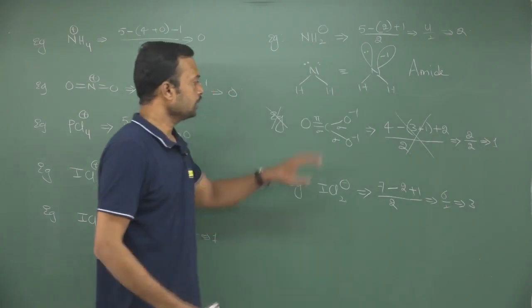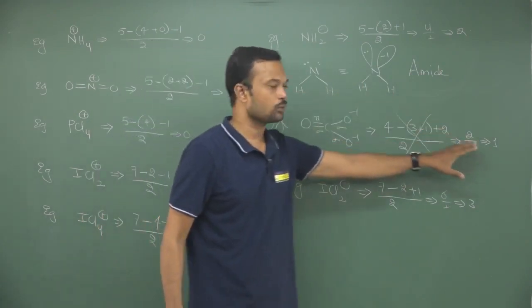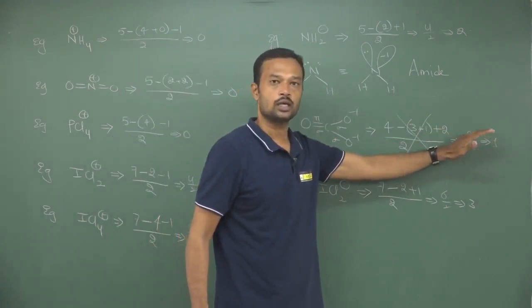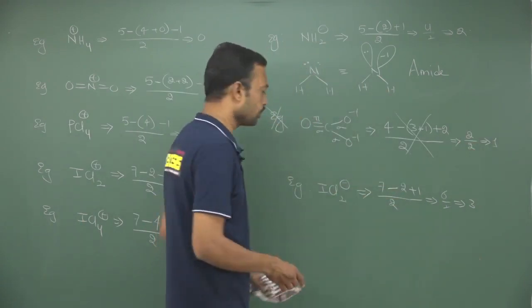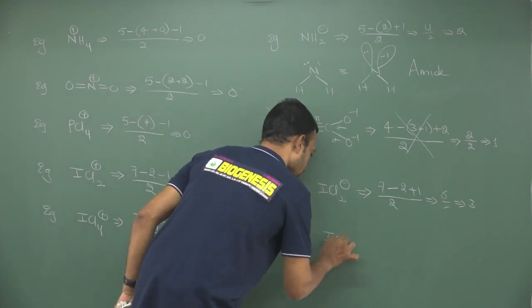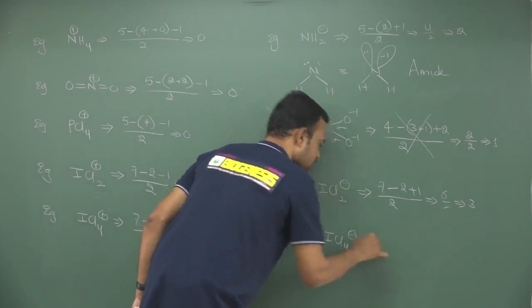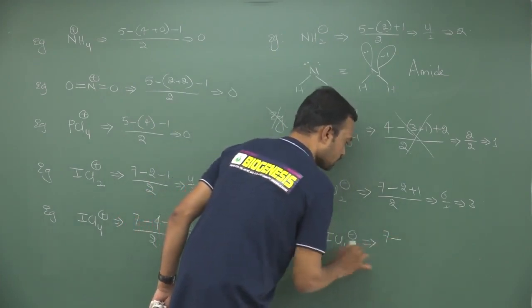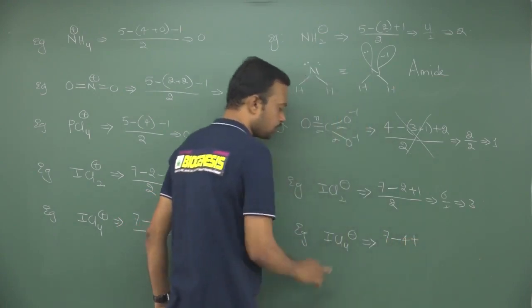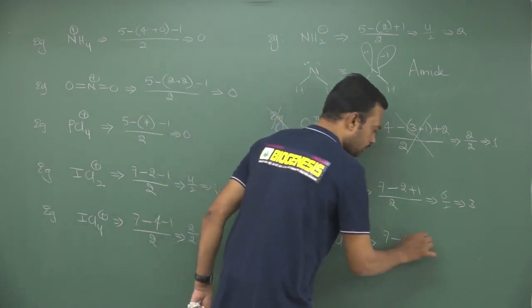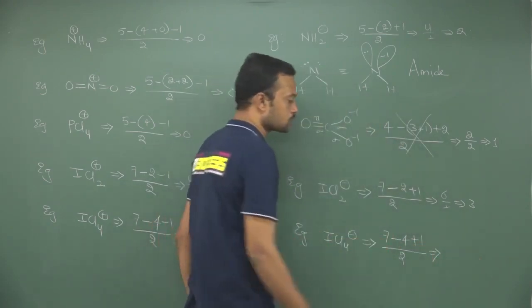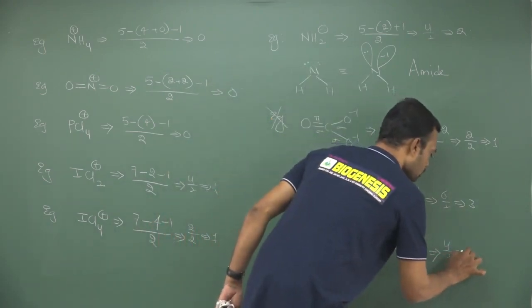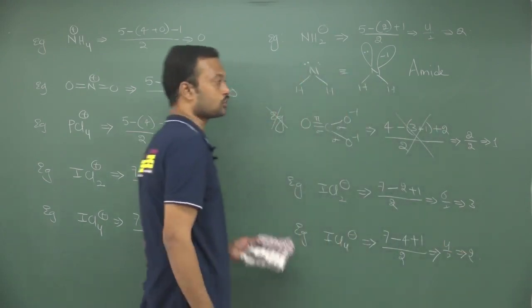See here, it is involved in resonance, that's why this formula is not going to give an accurate answer every time. But in this case it is not involved in resonance, so you can expect an accurate answer in this one. Okay, ICl4 minus, see, here 7 minus 4 sigmas, and the molecule doesn't carry any pi, but here minus 1 is there, add 1 electron. Finally 7 minus 4, 3, 3 plus 1, 4 by 2. So you may expect 2 lone pairs of electrons.